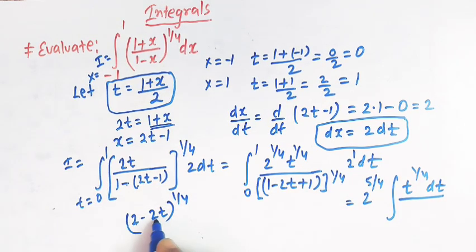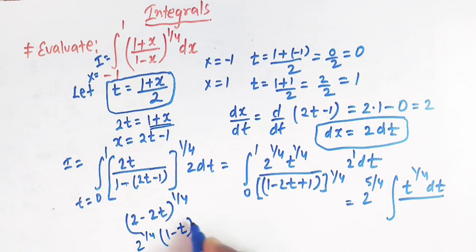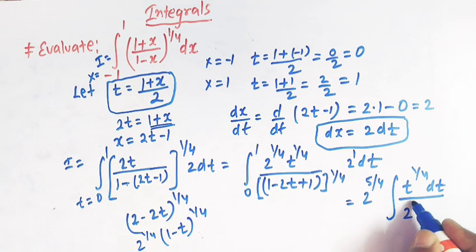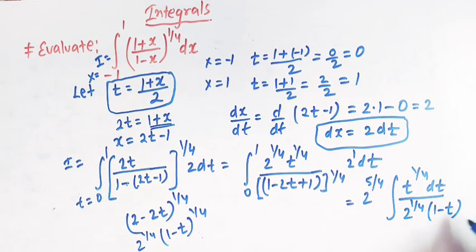And taking 2 common, we have 2 raised to 1 over 4, (1 minus t) raised to 1 over 4, right? So here we have 2 raised to 1 over 4 and (1 minus t) raised to 1 over 4, right?